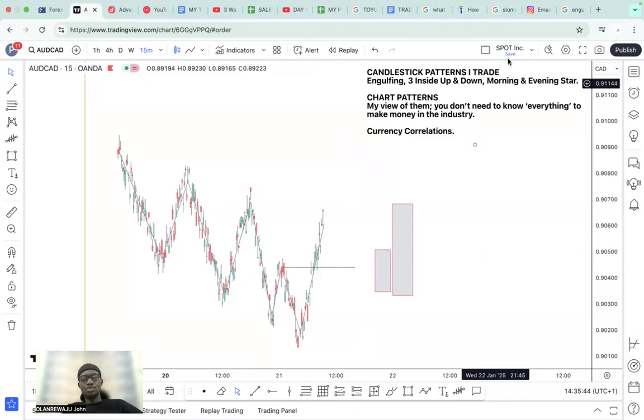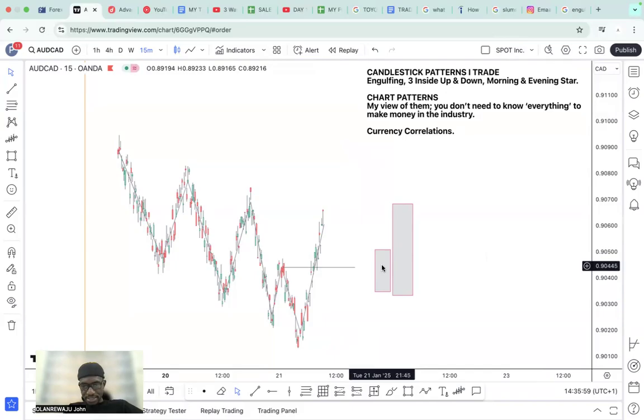So that's a sign that impulsive buyers are now entering the market. Now, most times, the bigger the engulfing candle, the stronger the signal.